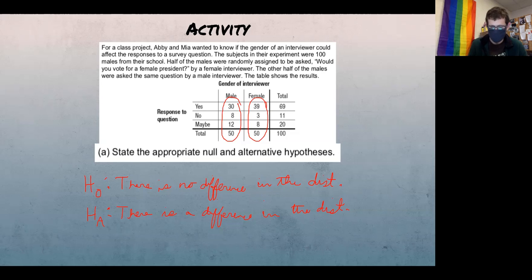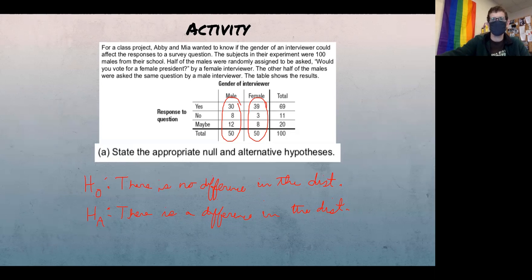Now, obviously, we're getting different numbers. We're not saying it's going to be exactly the same count, but is this difference enough, just like with the goodness of fit, for us to determine that there's a difference and maybe the gender of the interviewer will affect responses? Does that make sense? So we're good with this so far.